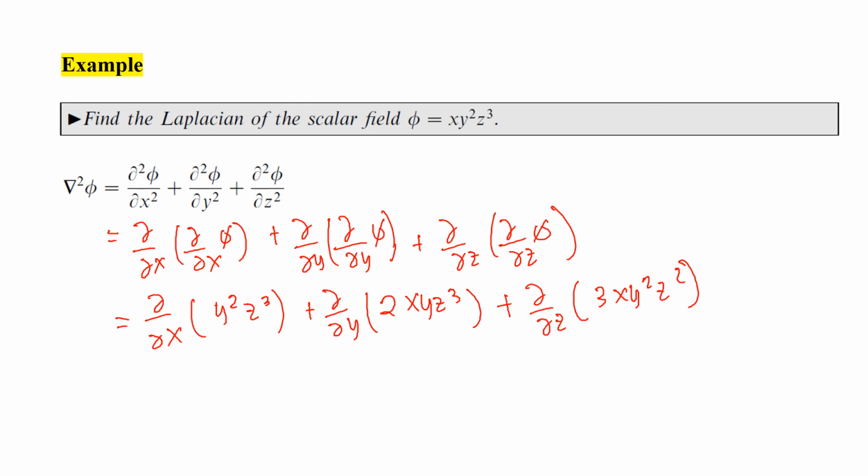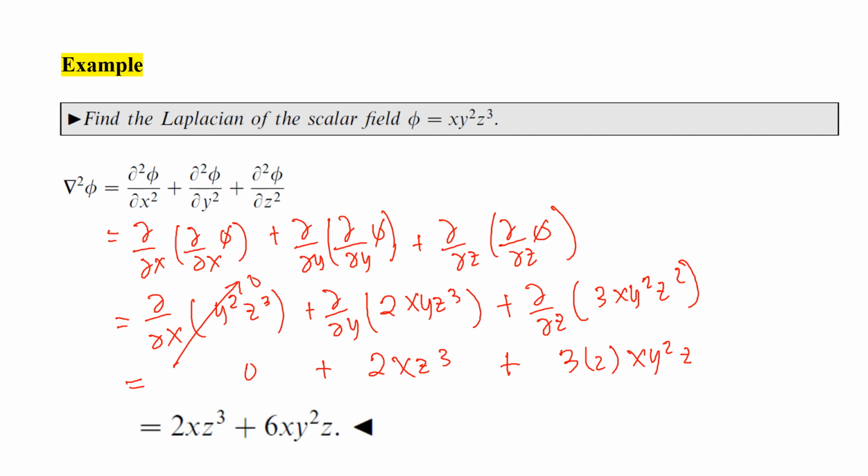Then we take the second partial derivatives. The second partial derivative with respect to x is 0, plus 2xz cubed, plus 3 times 2xy squared z. So you have this answer: 2xz cubed plus 6xy squared z.